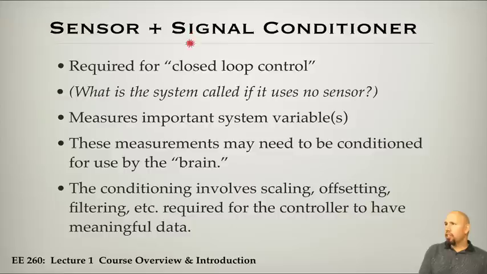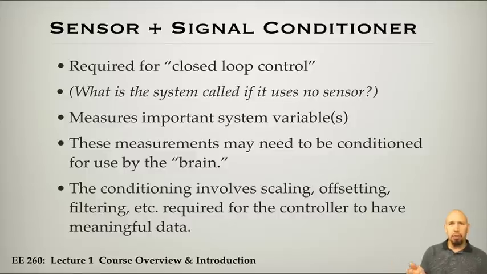The sensor and the signal conditioner measure important system variables. These measurements, in general, will require conditioning to be used by the microcontroller. For example, the Arduino has an analog input, but the analog input only takes positive voltage. So if you have a sensor that gives negative voltage values, it can't be used by the Arduino directly.